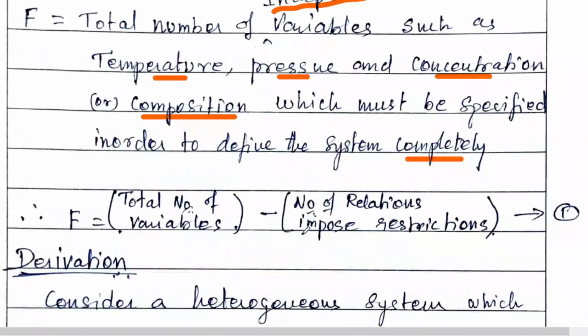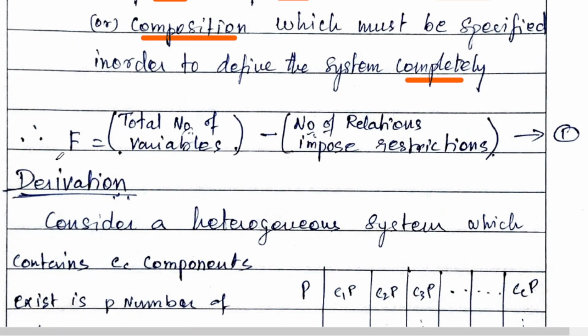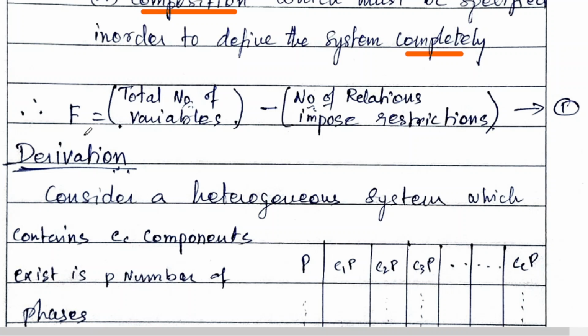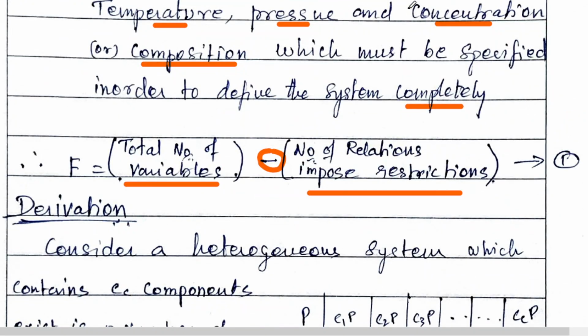In other words, the degrees of freedom can be calculated by the total number of variables in the system minus the number of relations that impose restrictions on the system. That means the total number of variables, that is temperature, pressure and composition, are not all independent.